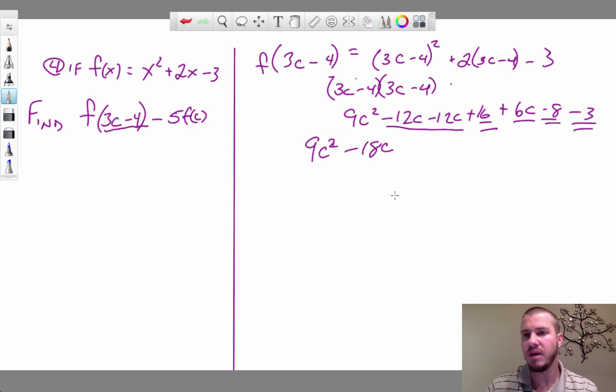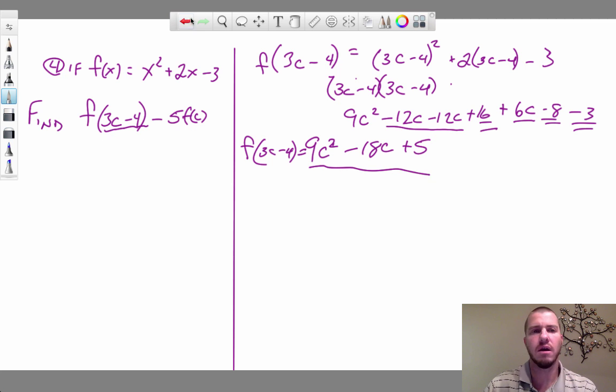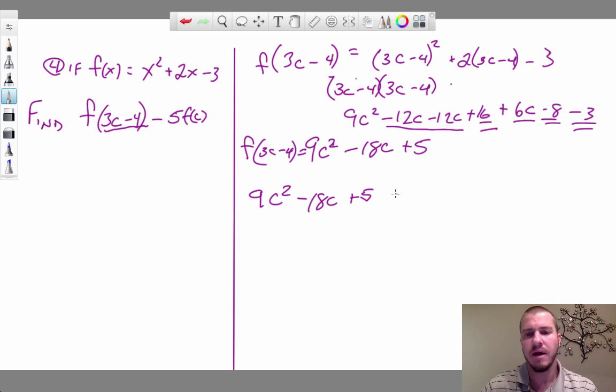And those combine to be positive 5. So the first part of this I've done here. And now I want to take that 9c squared minus 18c plus 5, and I'm subtracting 5 times f of c.